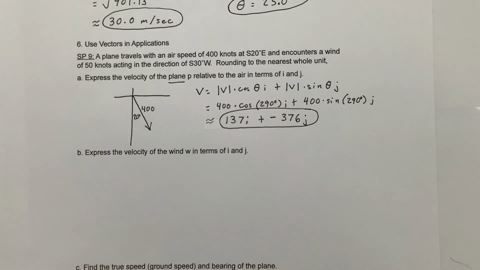Hopefully you got your i to be 137 and your j to be negative 376.